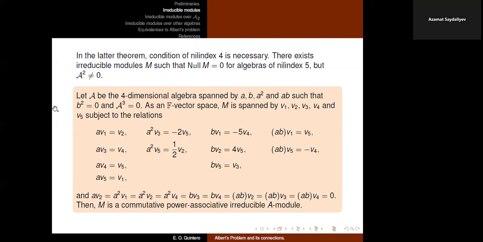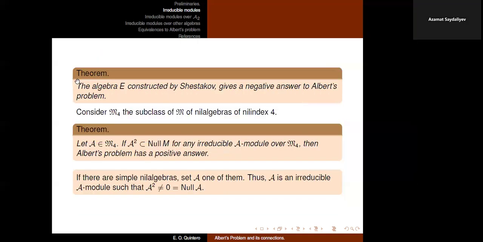If we consider M, the vector space spanned by v1, v2, v3, v4, and v5 with these relations here, and this zero product, we have that M is a commutative power-associative irreducible A-module. The annihilator is 0, but A squared is not 0. So in this theorem, the condition of nil index 4 is important.